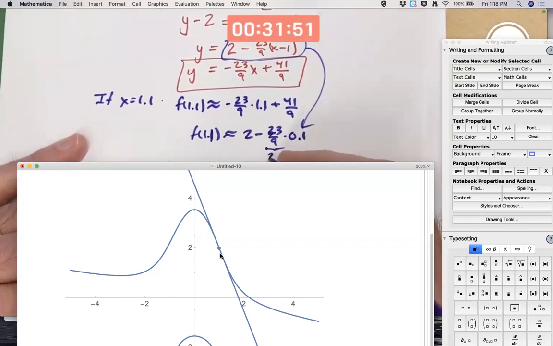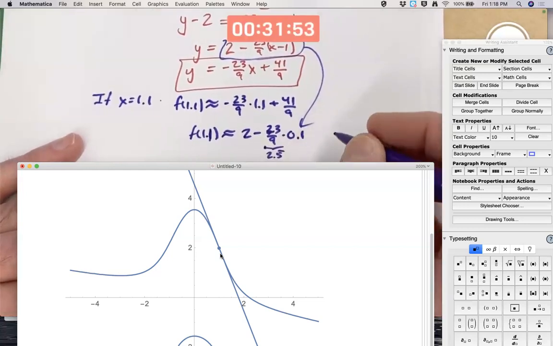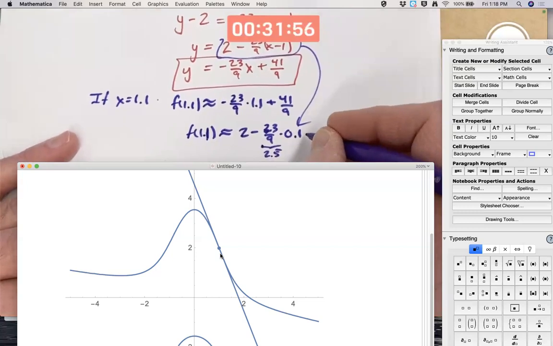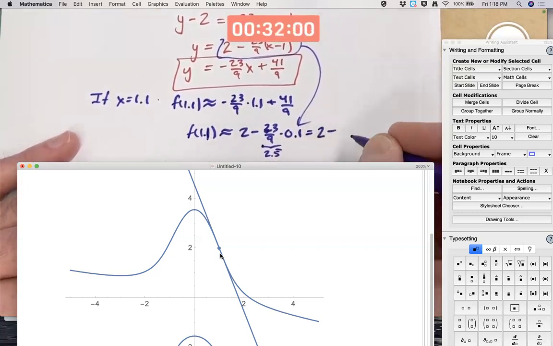This is 2.5 repeating. So I can almost do this completely by hand here. We really have 2 minus, if I multiply that by 0.1, I need to move the decimal to the left one spot, 2 minus 0.25 repeating.